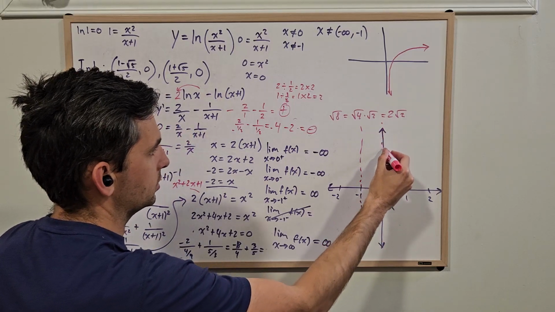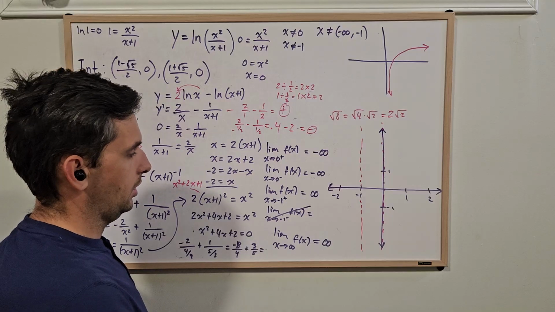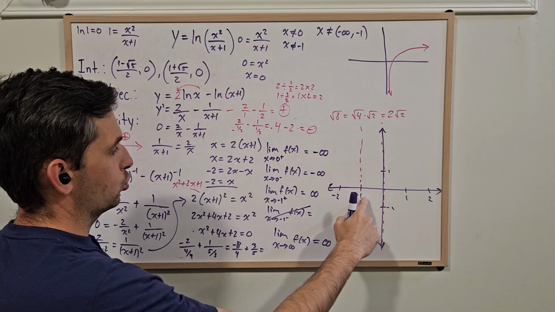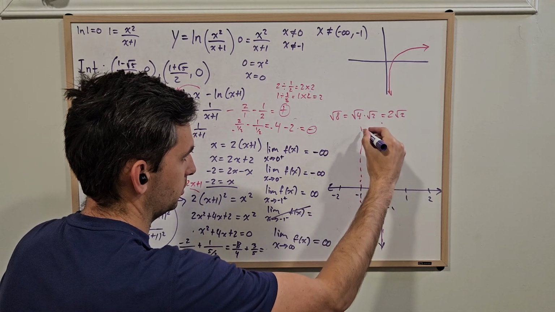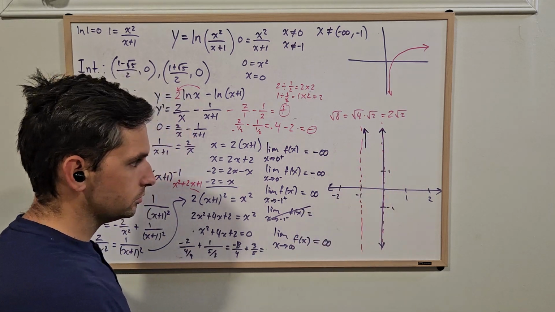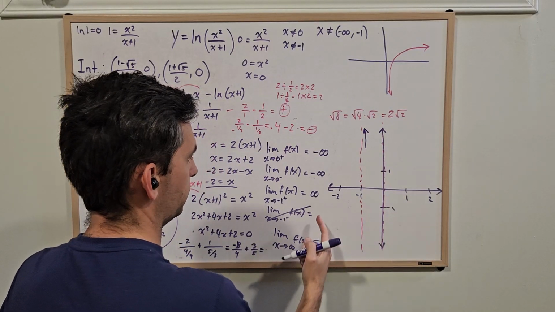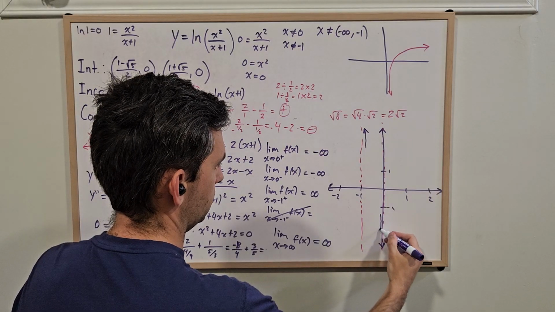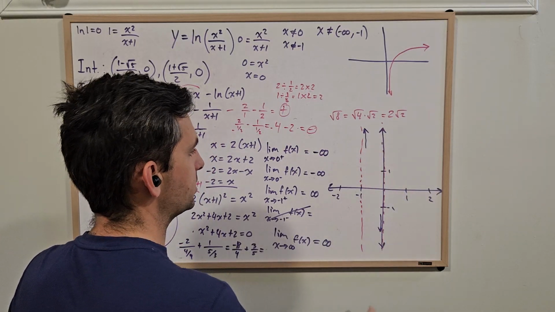And 1 right at 0. Okay? As x approaches negative 1 from the right-hand side is going to be positive infinity. So I know I'm coming down from here. And here, as x approaches 0 from the left-hand side, I have negative infinity. So I'm going down through here.